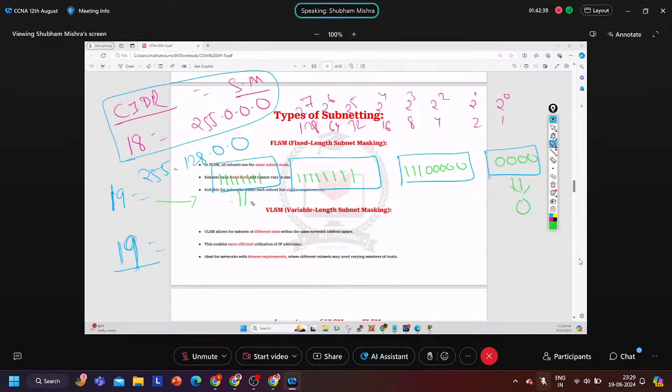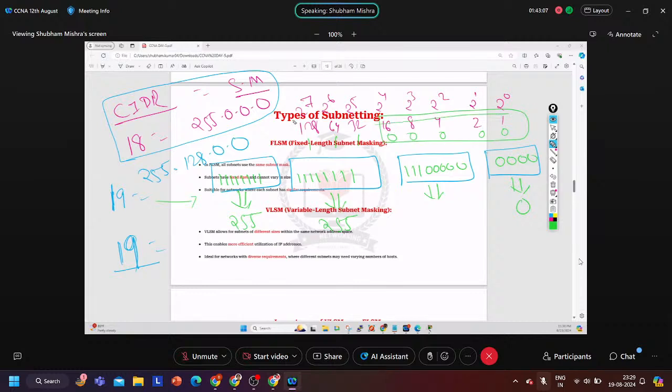In this octet all the values are 1. It means what is the value? 255. Here 255. Now come here. 224. 1, 2, 3, 4, 5: 5 are 0. So this is 0, 0, 0, 0, 0. The rest 3 are 1, 1, 1. So we do not need to calculate this one.